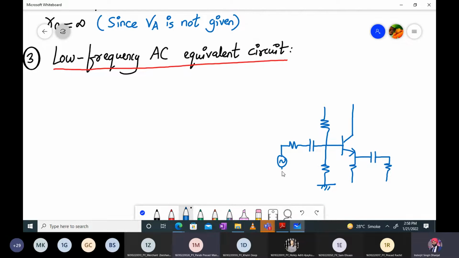Here we had a VS, right? This is VS, R sig, CC1. This was the supply. R1, R2. This is RE. This is CC2. This is V out, and this is RL.